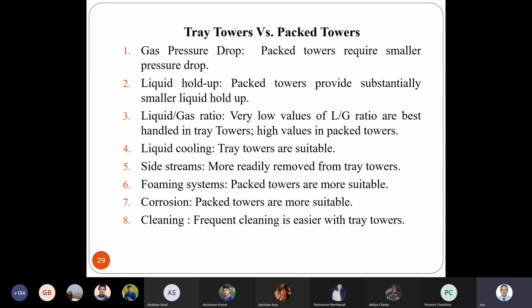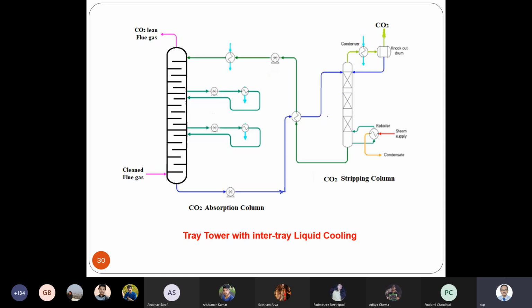Then liquid cooling. Liquid cooling is most suitable for tray towers, as I think I mentioned before. In tray towers, as there are liquid pools on the trays, we can just remove the liquid from one tray. If cooling is required, we take it out, cool it outside, and then send it back to the tray below, right?